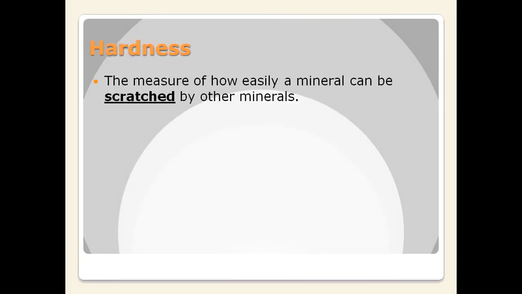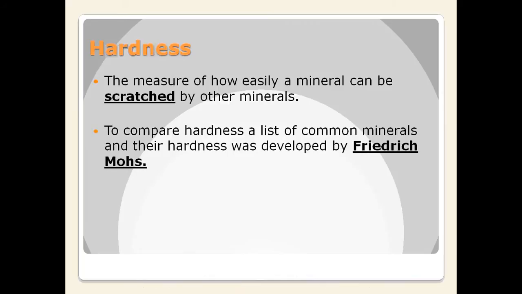Now, hardness is a much more reliable feature. It's the measure of how easily a mineral can be scratched by other minerals. To compare hardness, a list of common minerals and their hardness was first developed by a scientist named Friedrich Mohs.